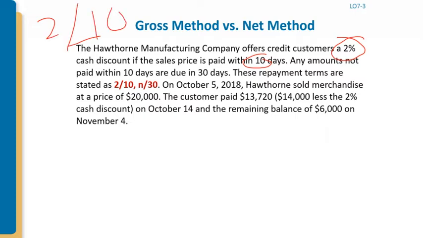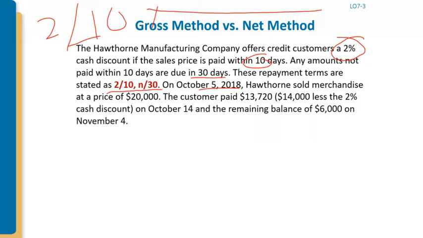Any amounts not paid within 10 days are due in 30 days, okay. These repayment terms are stated, 2/10, n/30, on October 5. Think of it this way: you must have a number line, a timeline. So you will always try to draw a timeline when you are solving this kind of problem.